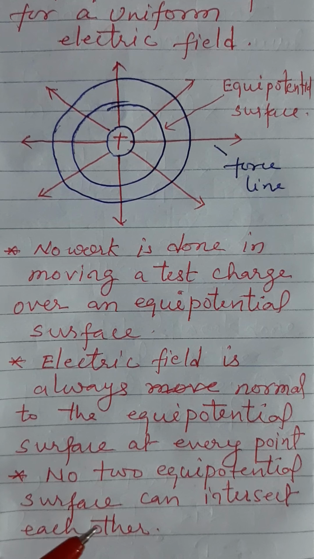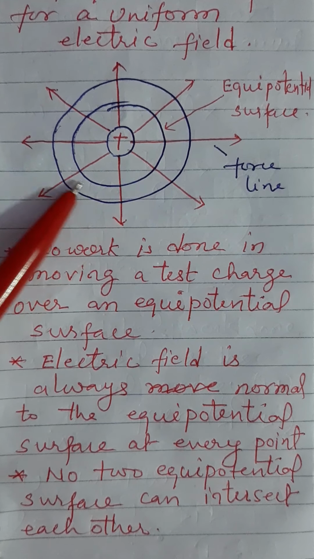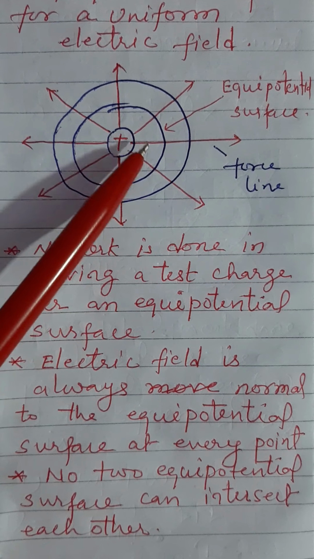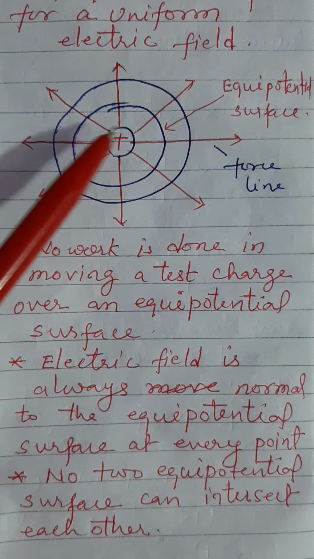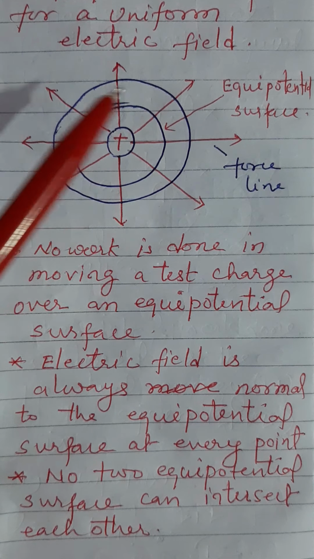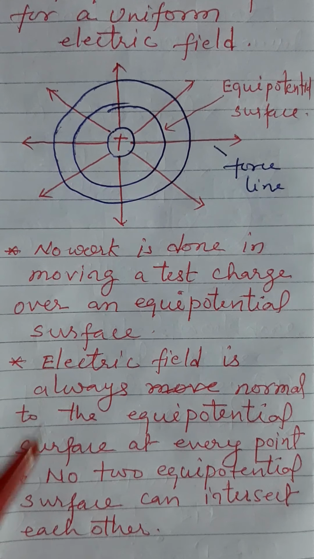The second point is that the electric field is always normal to the equipotential surface at every point. See this equipotential surface and the force lines, and all the force lines are perpendicular to the equipotential surface.